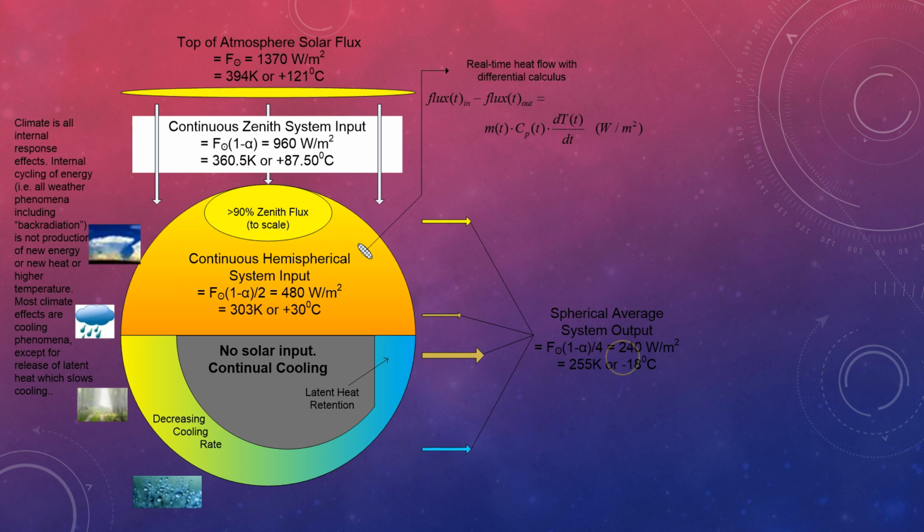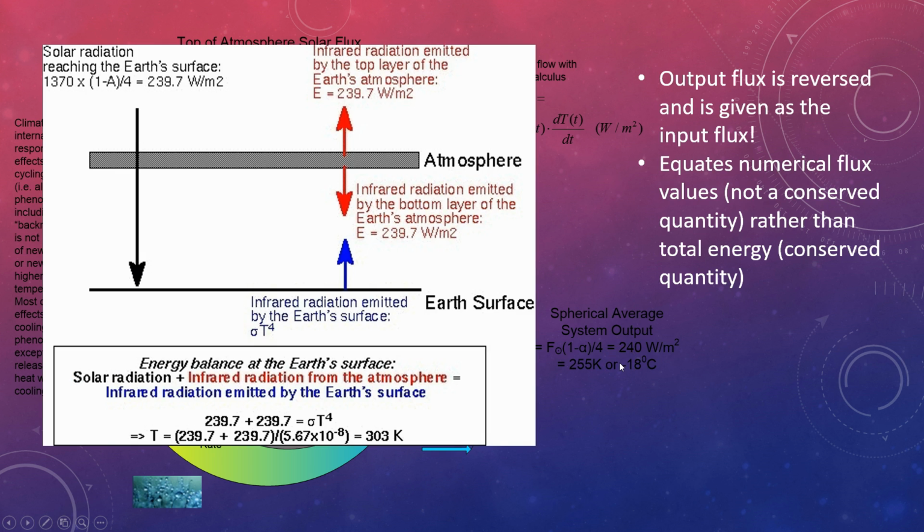So what they do is they simply take this flux output of 240 and make it the input. They say, well, on average, that's the output. And so if that's an average, let's make the average uniform, and let's make it the input. So the output flux is reversed and is given as the input flux.